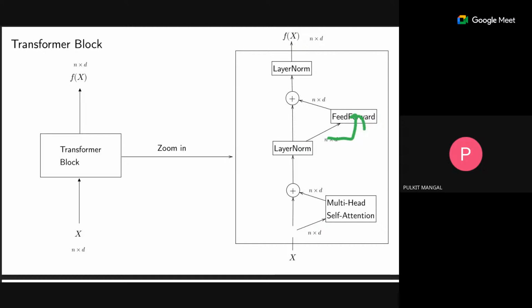Input to the feed forward was n cross t, output of the feed forward was n cross t, and output of the transformer was also n cross t. So till now, the dimension has not changed at all. Whatever goes into the input, the same dimension remains at the output. Now this was done in the original paper, that they keep the dimension the same. It's not necessary for us to keep it the same, but that was how it was configured. If you want, you can change it also.